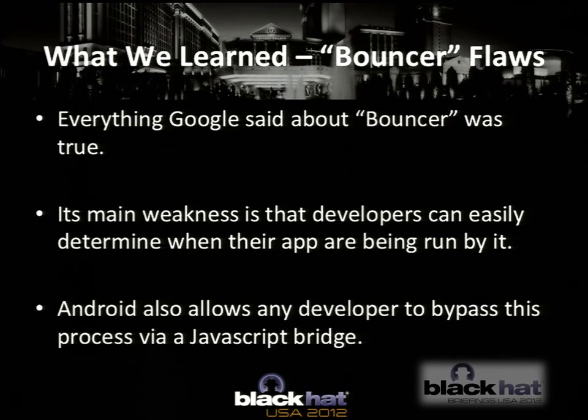If you think about the concept of this JavaScript bridge being used, it really allows developers to bypass the whole certification process of an application. So if you consider a pre-entry review of an application, where someone puts a seal of approval on it, and it's now able for users to download.